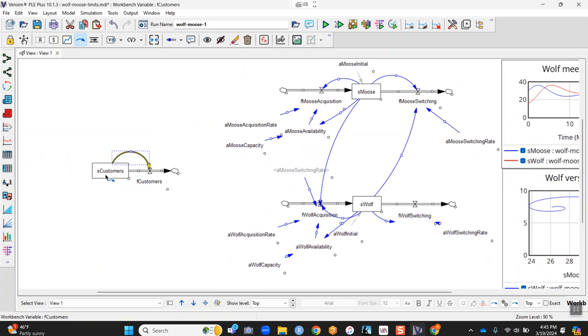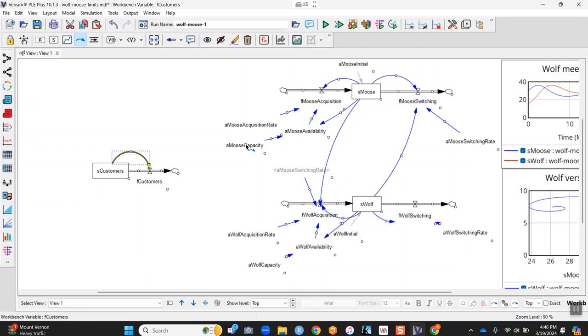We could change this, of course. Just say we have 150 customers. Some fraction of them is going to flow out and become moose, and some fraction is going to flow out and be wolf. So effectively, wolf acquisition and moose acquisition will feed into customers. That'll be the flow out.